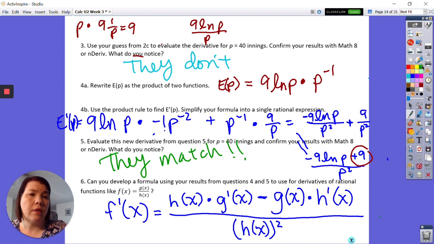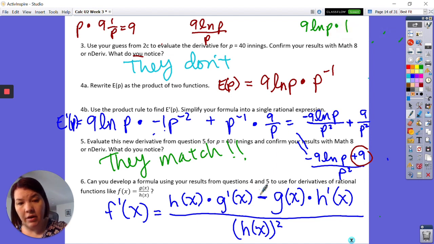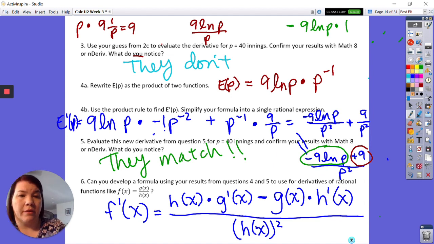Then the second one, which is the numerator, times the derivative of the denominator, which is just 1. But what did I have right here? A minus sign. So that part's right there. All over the denominator squared. So the denominator was p, and p squared. So we did get that answer.